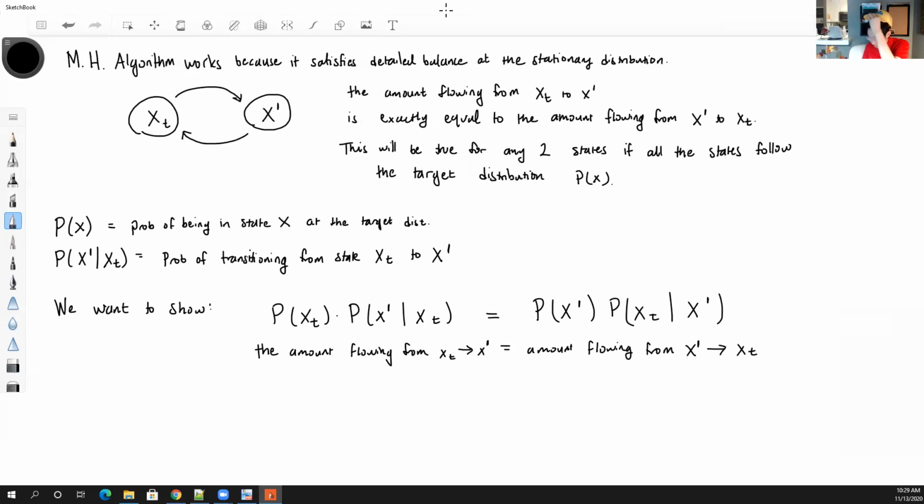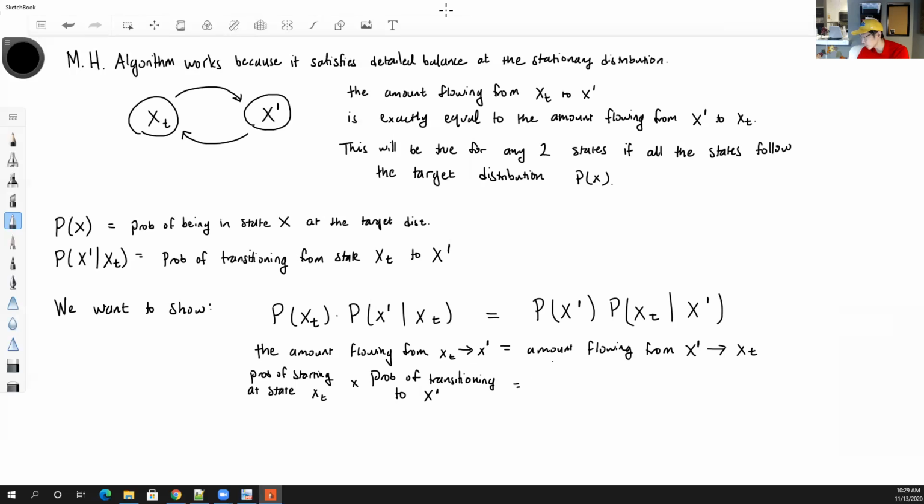Okay. And this would be the probability of starting at state xt multiplied by the transition probability of transitioning to x prime.